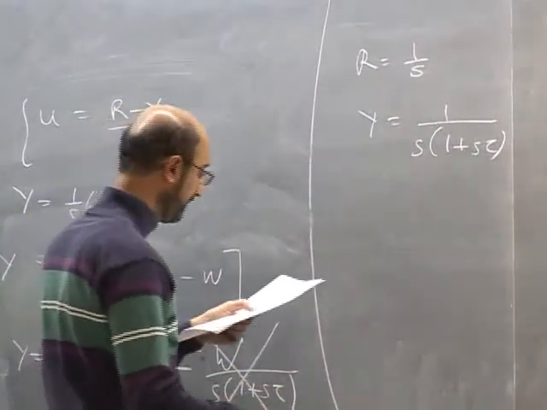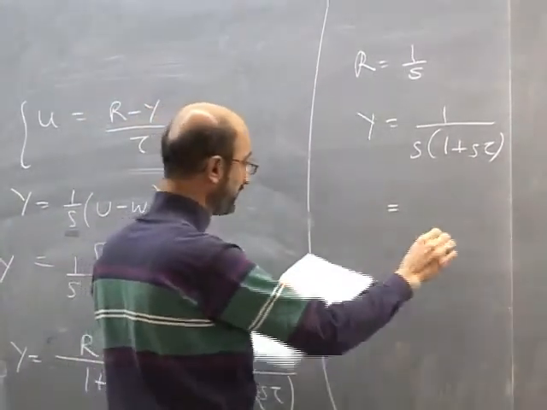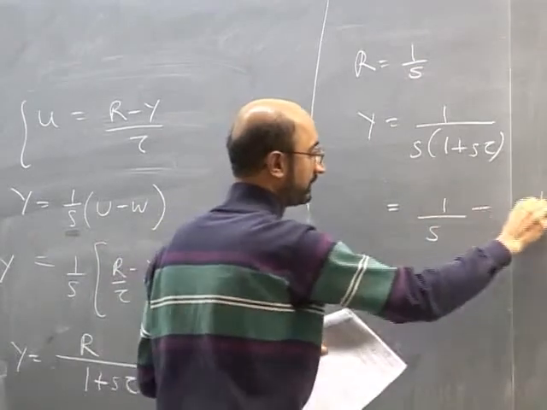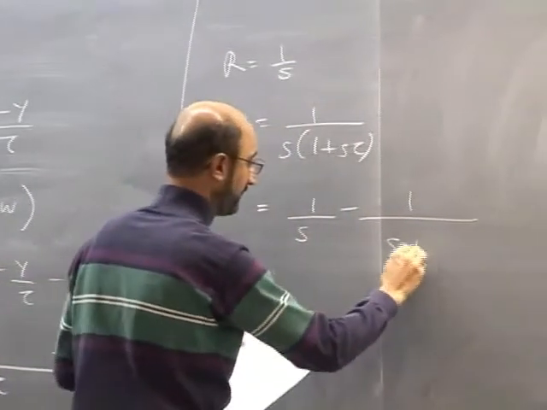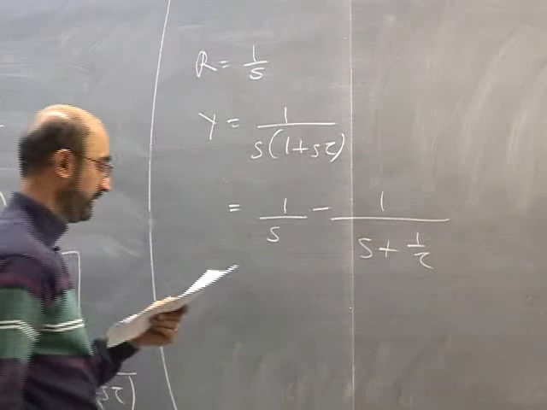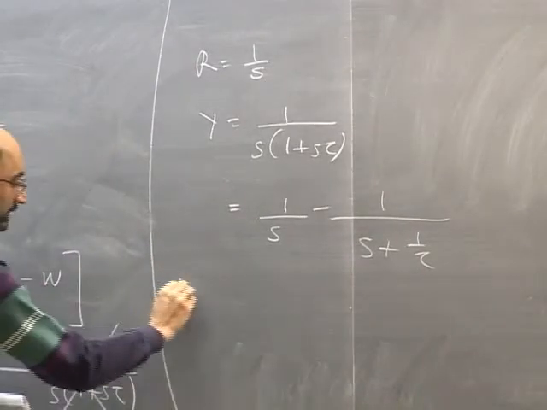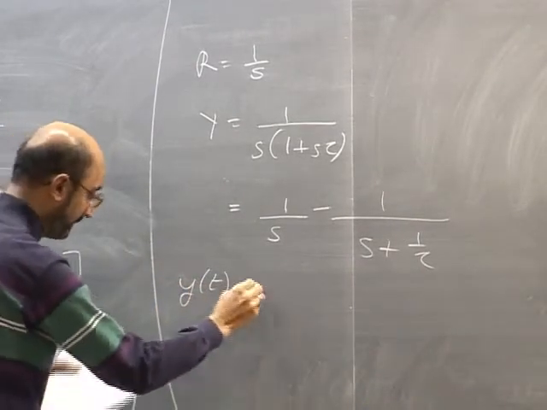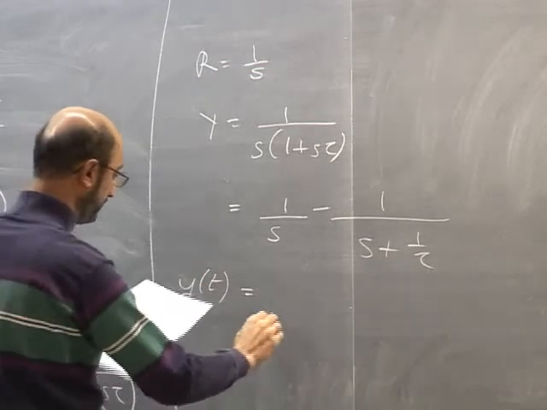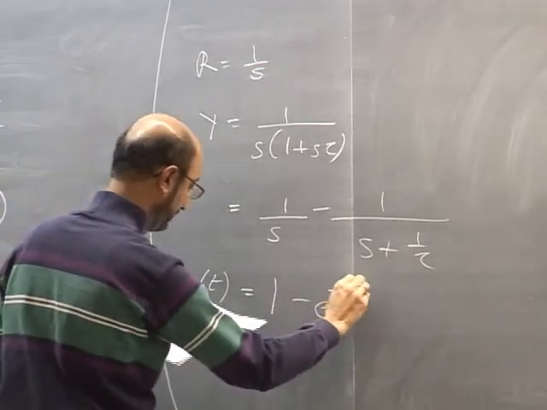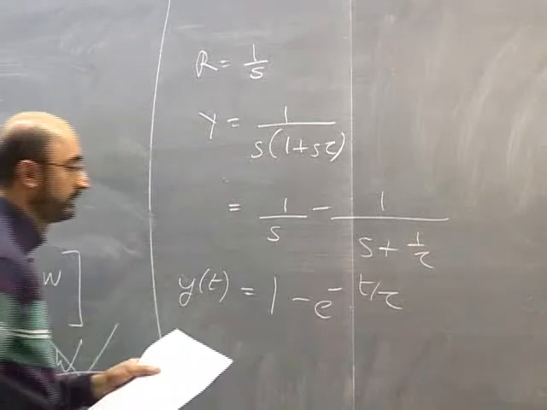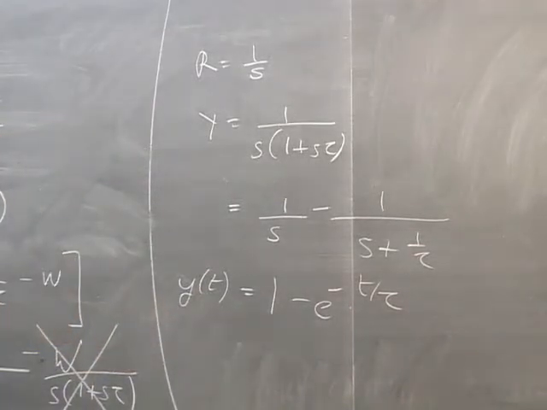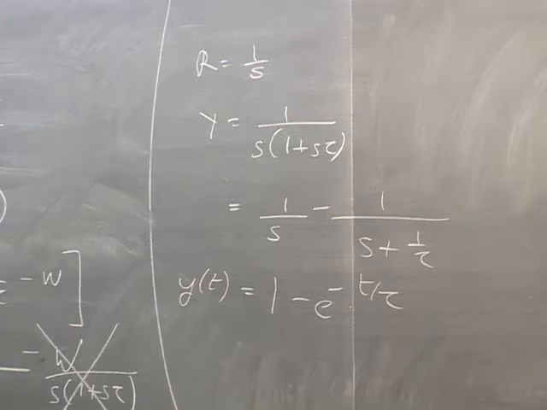We can write this using partial fractions as 1 over s minus 1 over s plus 1 by tau. And this in the time domain gives you y of t equals 1 minus e to the minus t by tau. So in the text there's a minus sign missing. It should be 1 minus e to the minus t by tau.